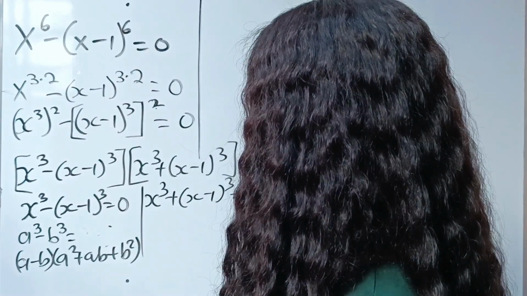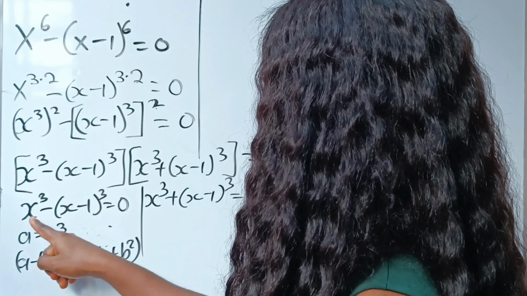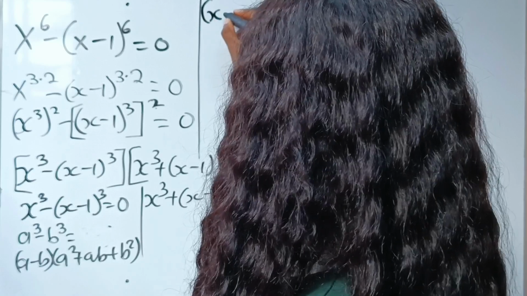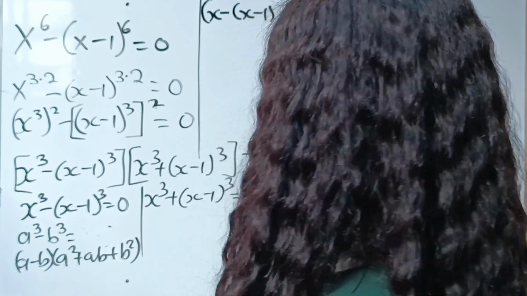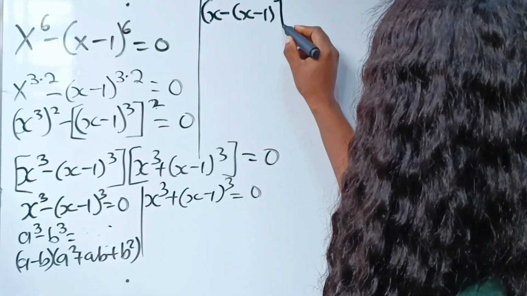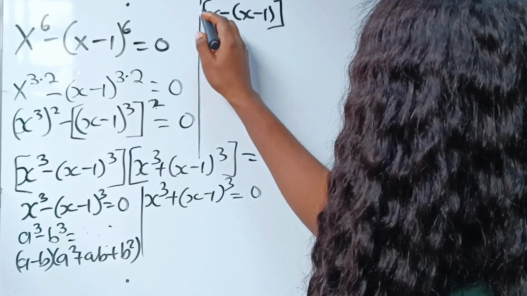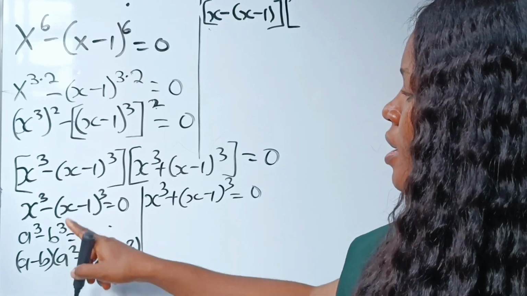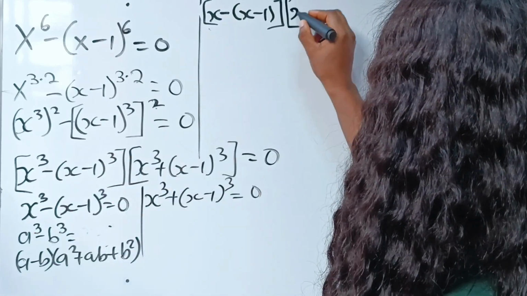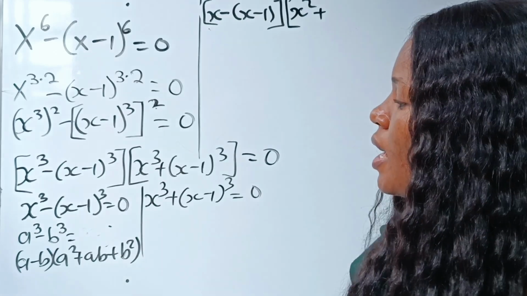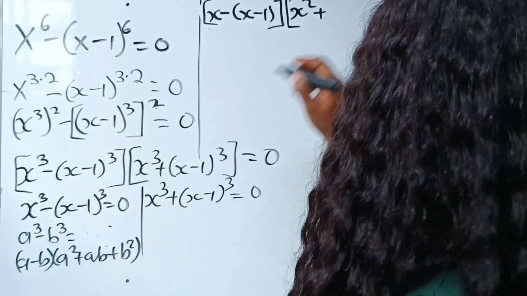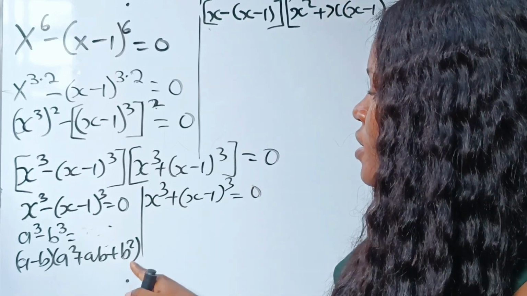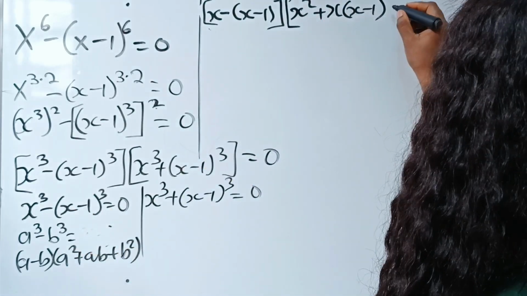So if we do, we are going to have a minus b, that is x minus x minus 1, in brackets. So this is our first bracket, which is a minus b. Now let's open the second bracket: a squared, that is x squared, plus ab, that is x times x minus 1, plus b squared, that is x minus 1 squared.